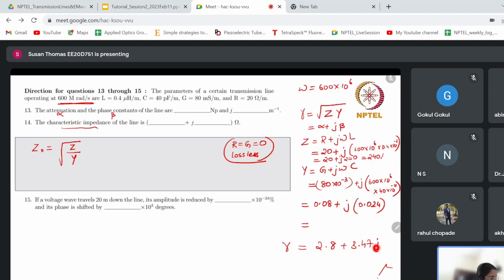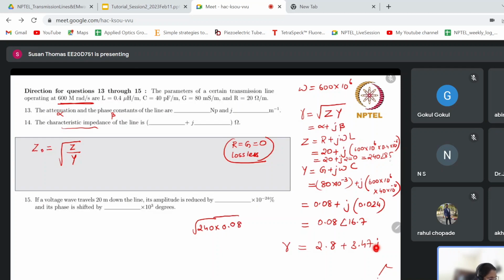So this is 240 angle 85, and this Y will be 0.08 angle 16.7. So how do you take root of Z into Y? Multiply 240 and 0.08, take a square root.